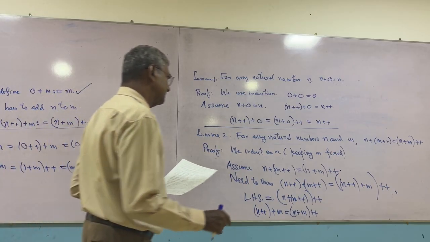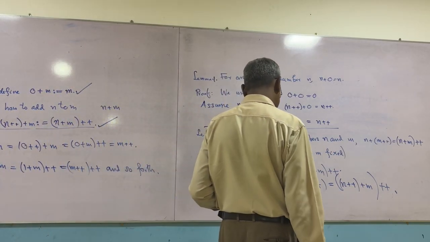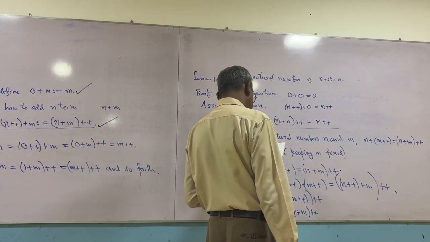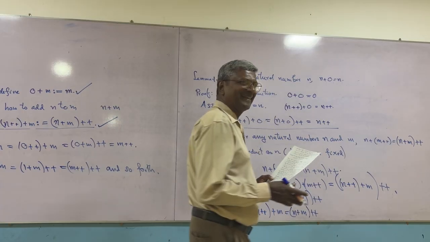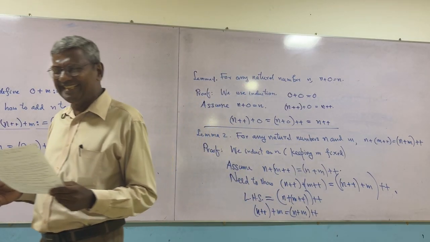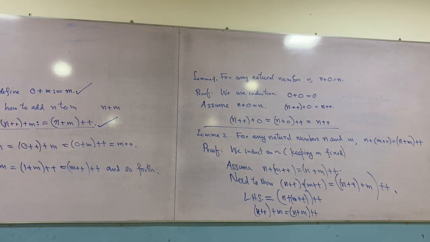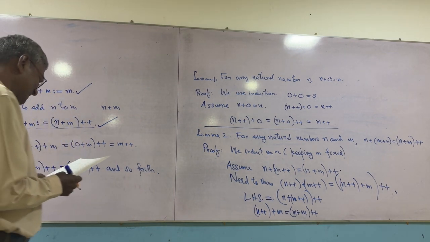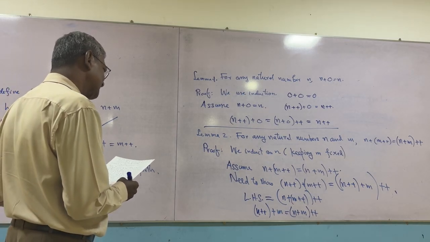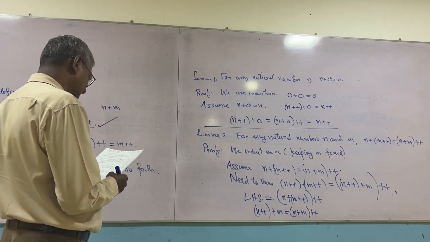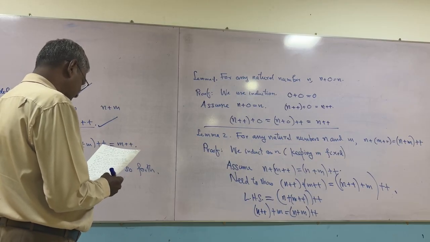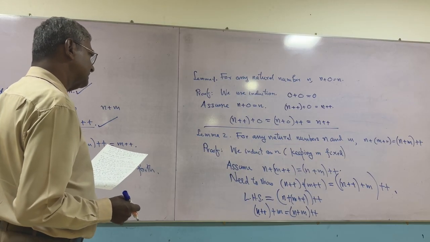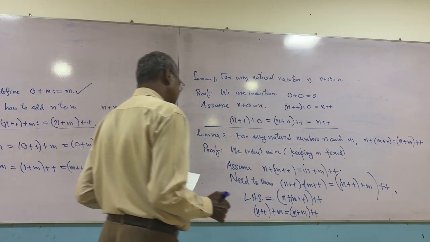And here n plus m plus plus. So many plus signs I get confused. This is a little fun. N plus plus plus m is equal to n plus m plus plus by the definition of addition. So the right hand side is this.